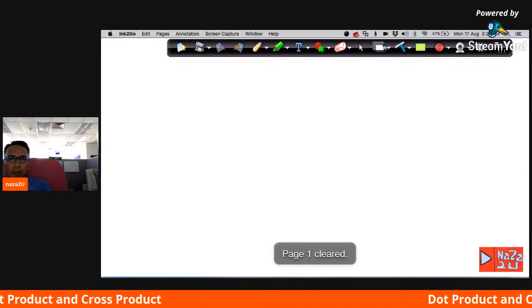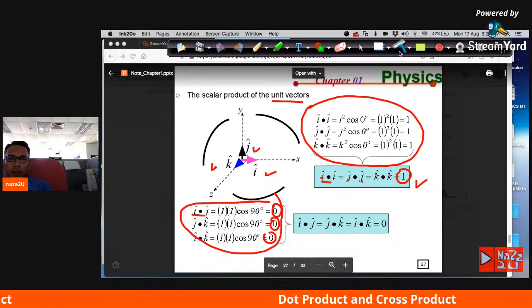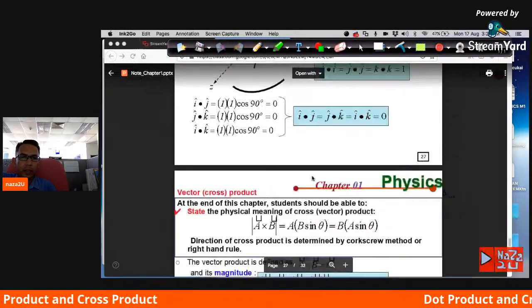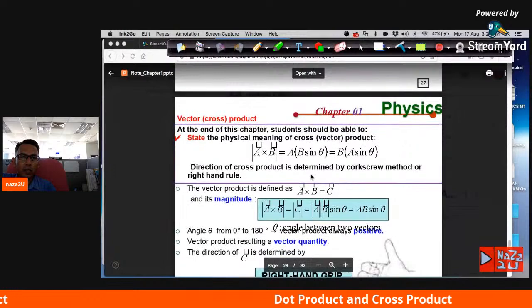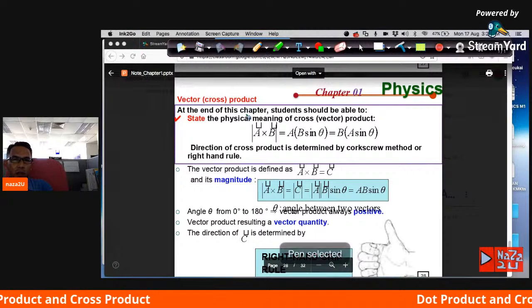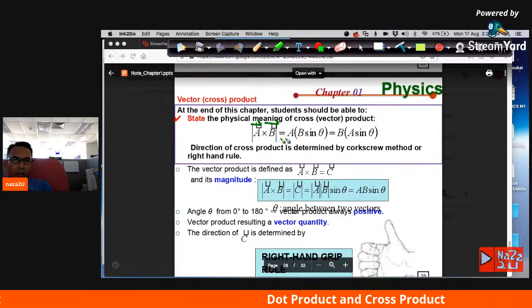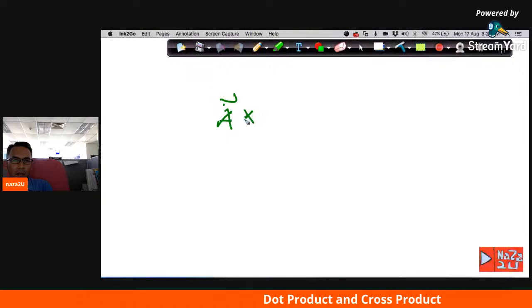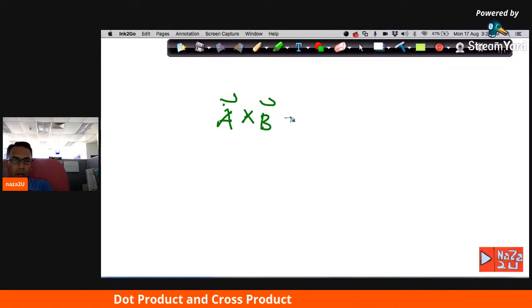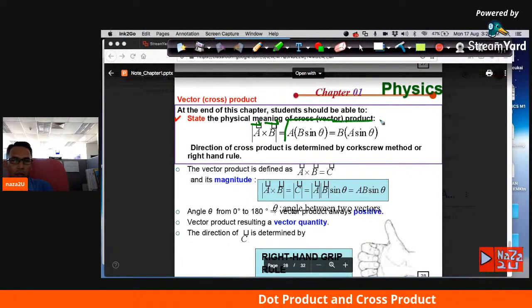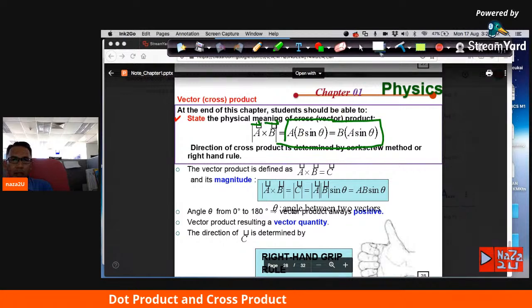Okay, so now go to the next slide. Okay, this is the cross product, right? Here this is vector A cross vector B. So this is equal to, look at the equation here, AB sin theta, right?